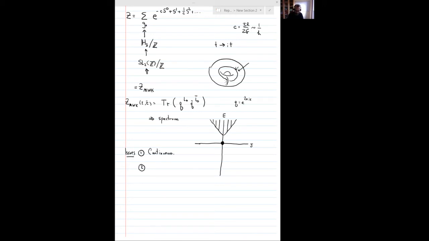But what I think is a more serious issue than the fact that the spectrum is continuous is that the density of states that you get becomes negative near the boundary, let's call it the cosmic censorship bound.